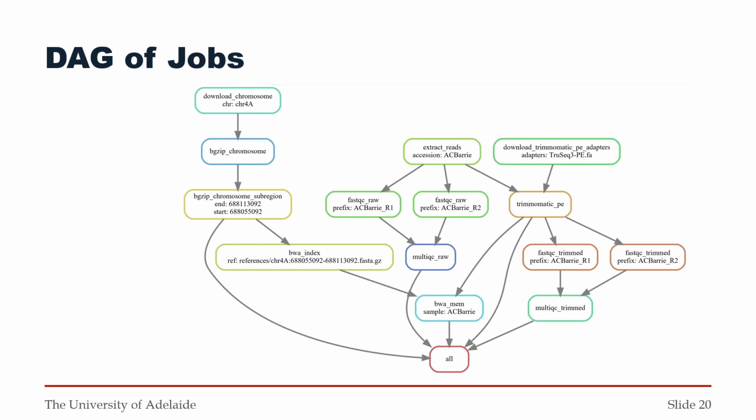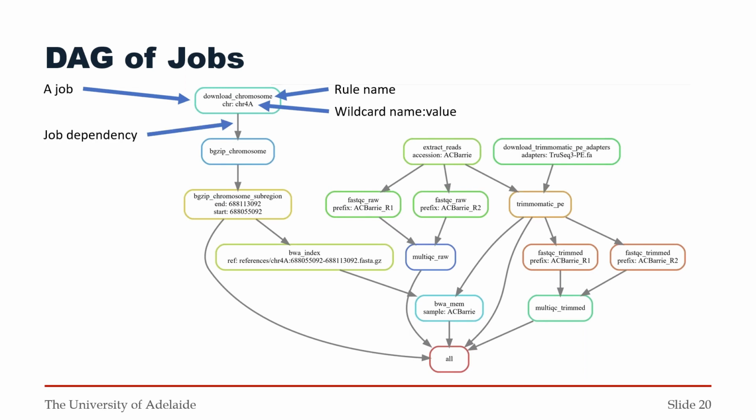Straight out of the box, the nodes represent jobs that will get executed. Within each of these, you'll see the rule name as well as wildcard name-value pairs. The arrows represent job dependencies. And here down at the bottom is the target. This is the all target, the default first rule that Snakemake is trying to drive towards creating.